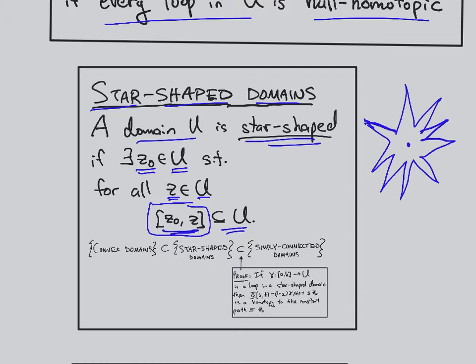So here's my z0, and I pick a point in the domain, then this whole line segment has to be in the domain. And I guess the way I've drawn it, this is not quite star-shaped because of the way this bends here, but if I'd drawn it a little better, maybe it would work out.